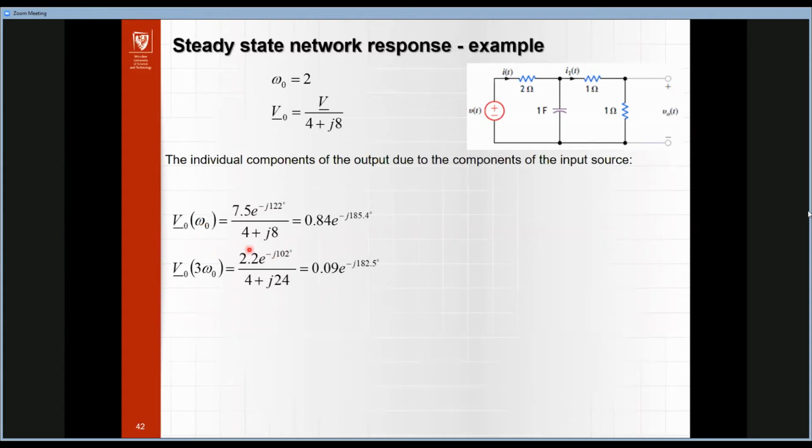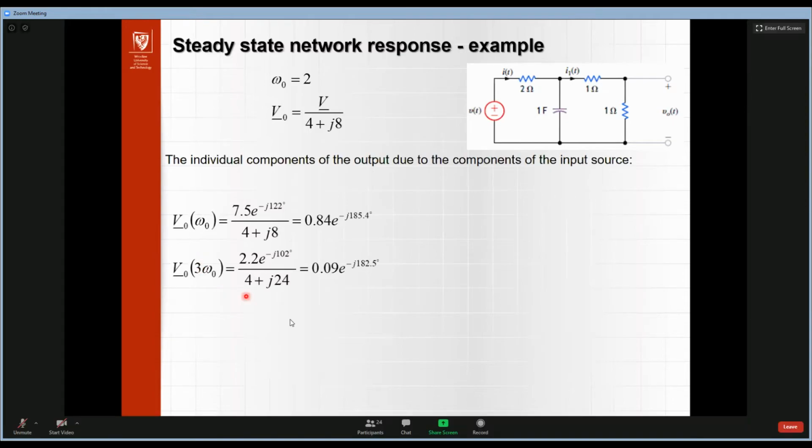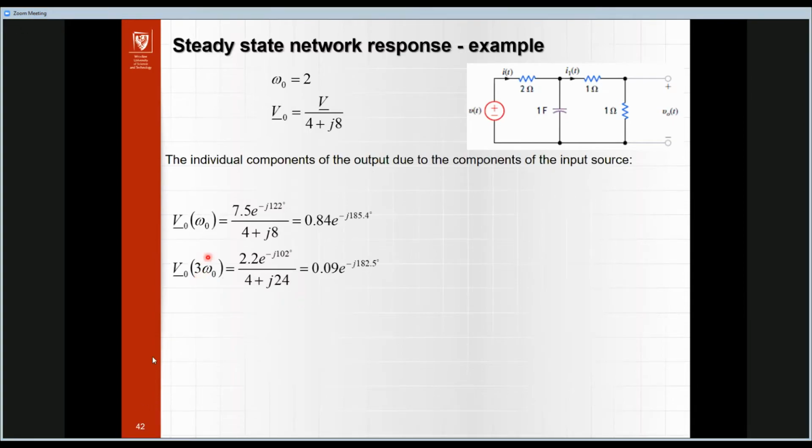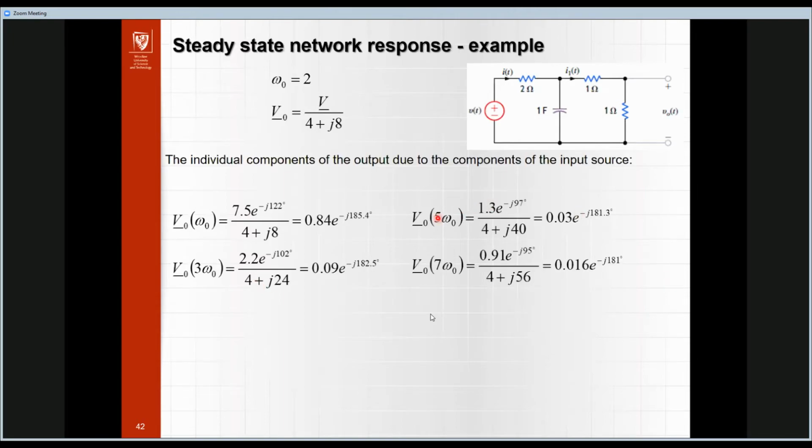For example, for the fundamental frequency omega 0 we obtain 8 here, but we must be careful because for the third harmonic we obtain another value here. So we separately calculate the voltage for the fundamental frequency, and we also separately calculate for the harmonics.